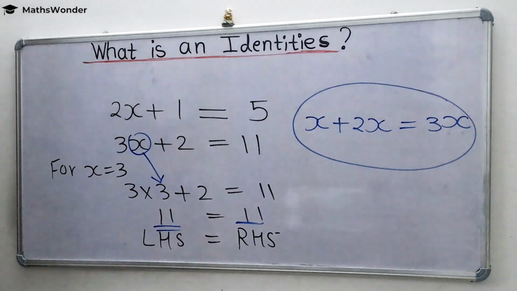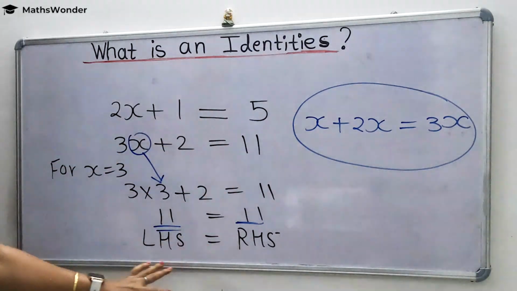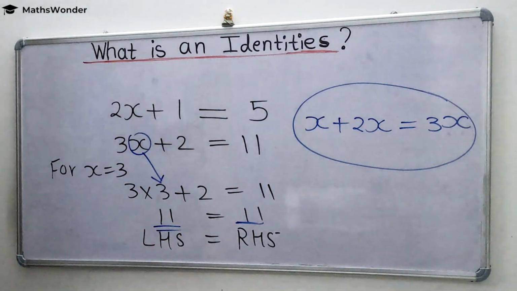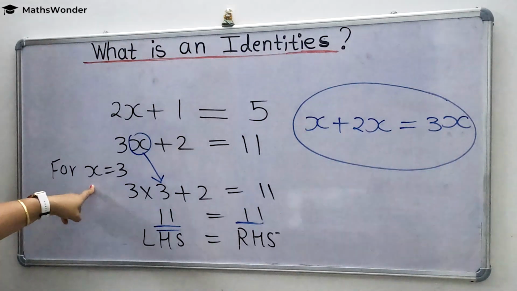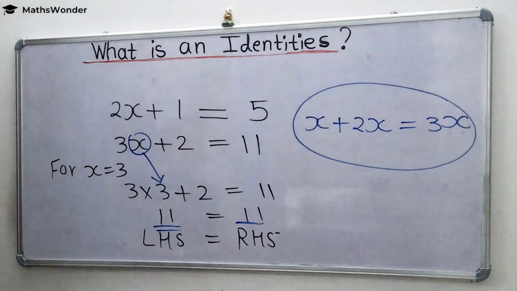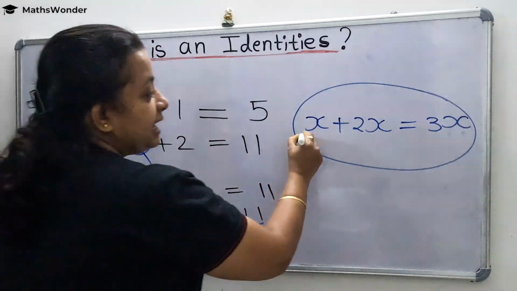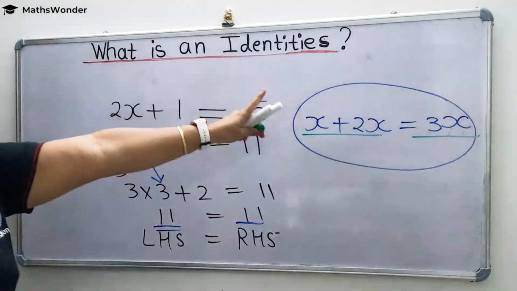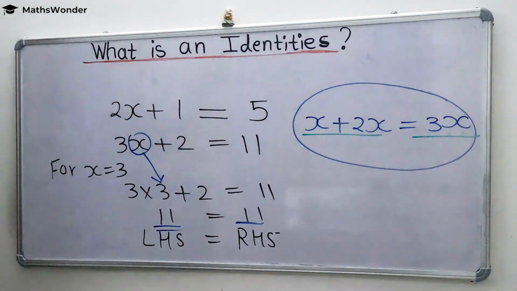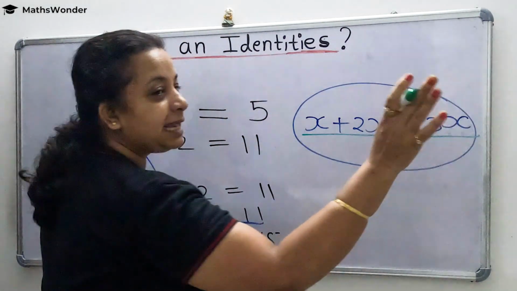So the linear equation is satisfied for one value. The equation 3x plus 2 is equal to 11 is true when x is equal to 3. But in identities, you can use any value for x. Both sides you will get the same answer.